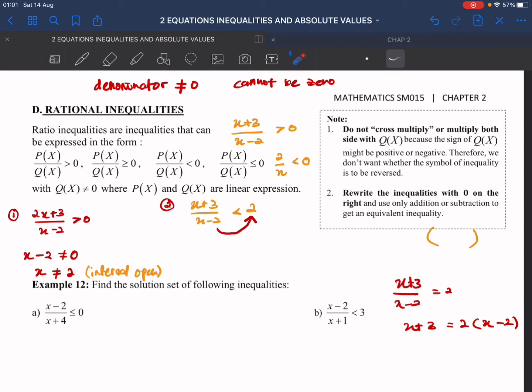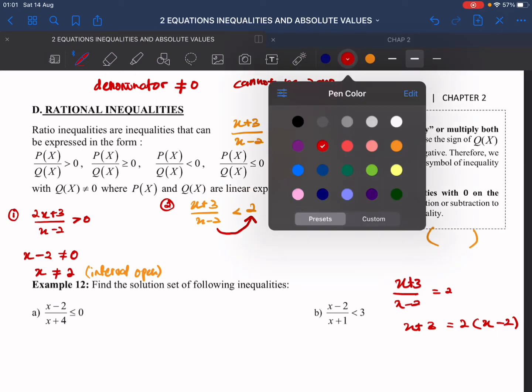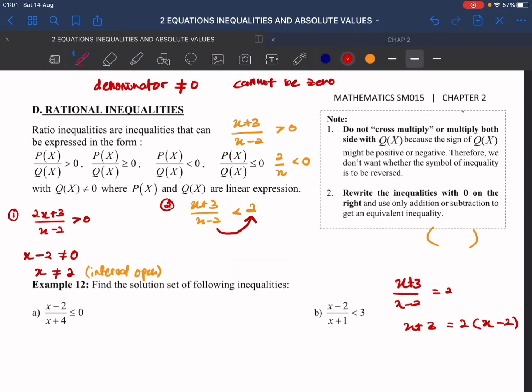Kenapa? Contoh, let's say for this type of question, for this example, let's say x saya ialah negative 1. Okay, x is negative 1. So if I have my x is negative 1 minus 2, my denominator should be negative 3. So negative 3 darab ke sebelah sini. Okay, inequalities, linear inequalities kita dah belajar.